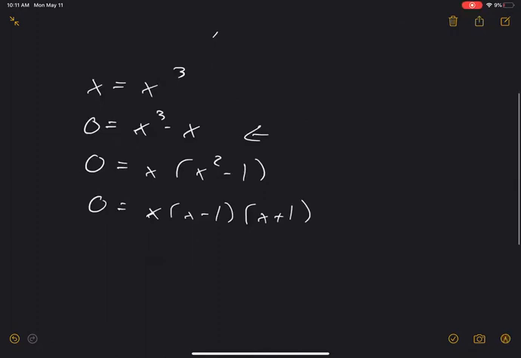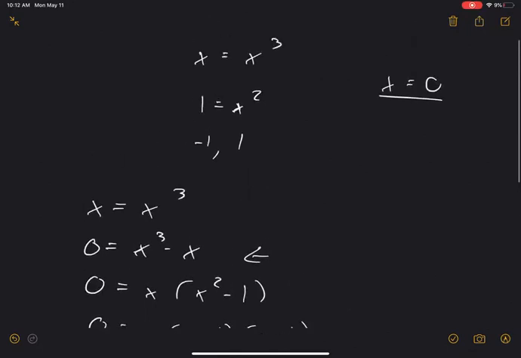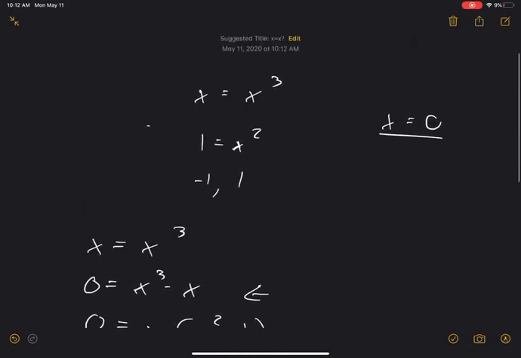And now I can see that my roots are going to be x equals 0 coming from here, x equals +1, x equals -1. So that's an example of why this method is a bit better for finding these points of intersection. If we use this kind of naive method, we might leave something out.